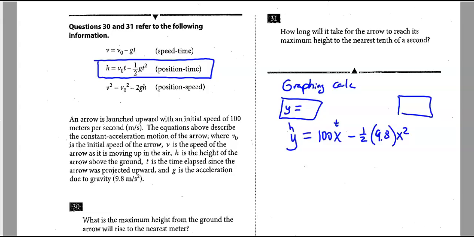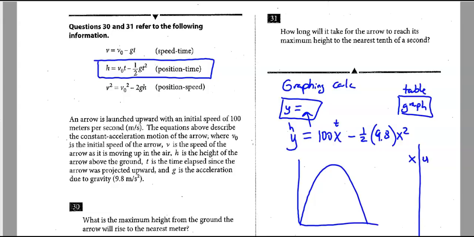If you enter that in, you'll get your little sketch of the graph. And then over here where it says graph, right above there is table. If you do second table, it will give you the x and y coordinates. You would find there on the graph that at 10.2, this would be the highest position. The numbers would get smaller and smaller, so this would lock in your max. So the problem would be much faster with a graphing calculator.